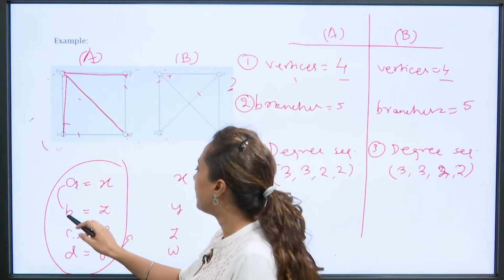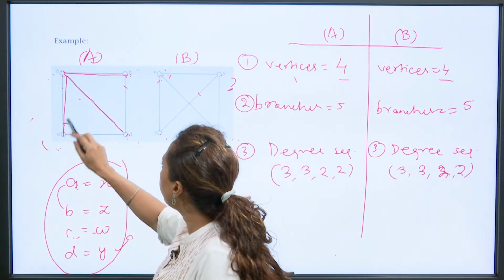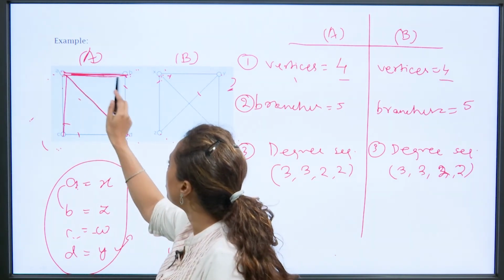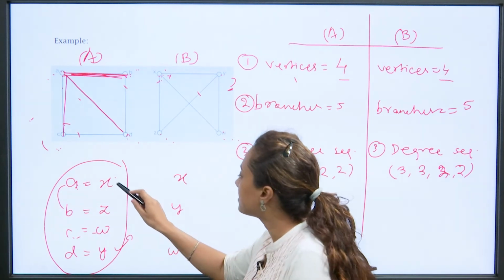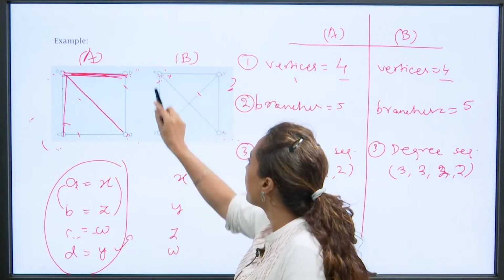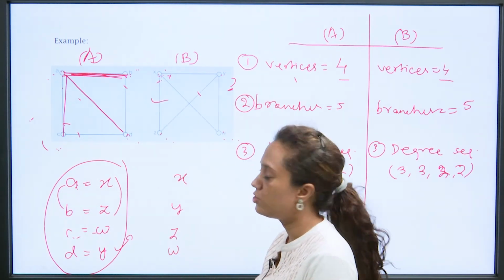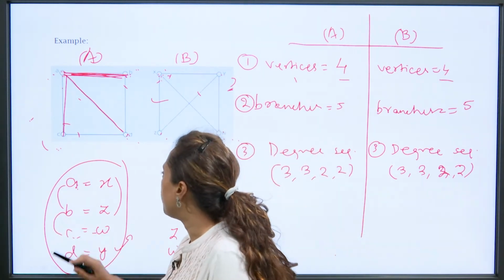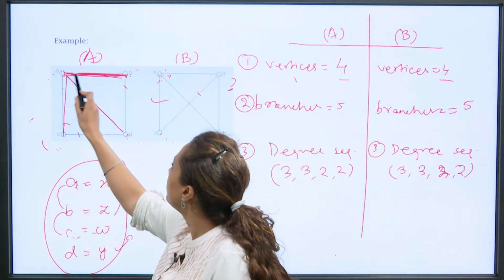A and B are connected and have one branch only. So, we have to see whether X and Z have one branch or not. See, X and Z have one branch, right. Similarly, B and C are connected.